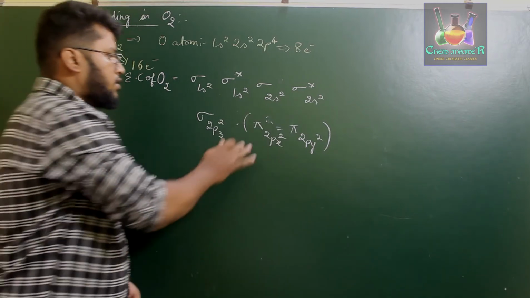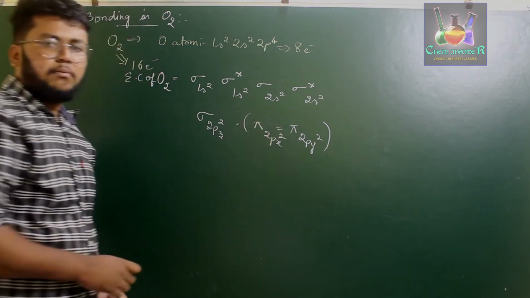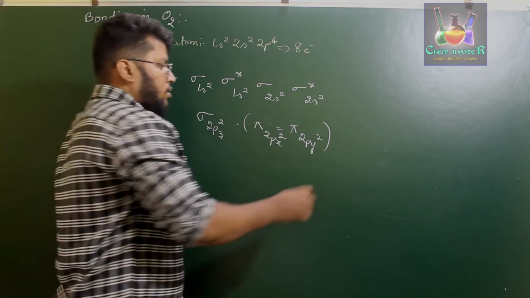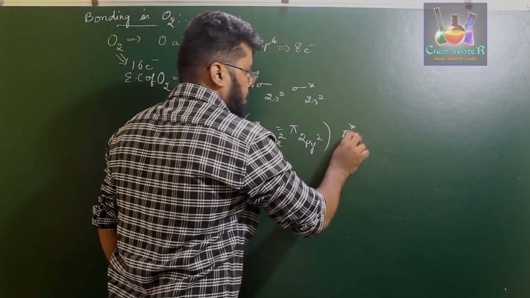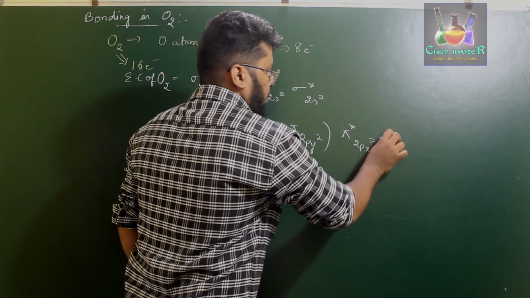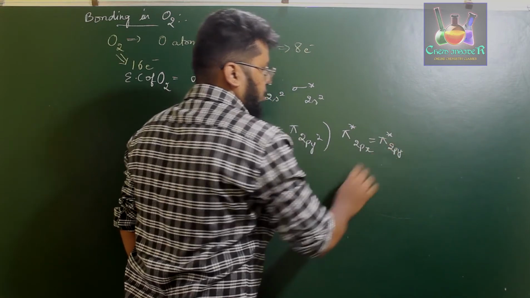For the energy level diagram of molecules having more than 14 electrons, the next higher energy orbitals are the pi star orbitals, pi star 2px, which is equal to pi star 2py with the same energy.